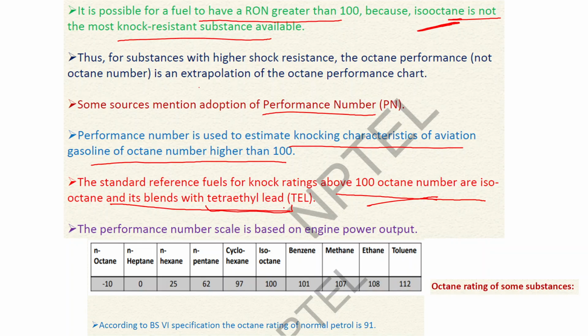Why so? Because when tetraethyl lead is present, initially it forms radicals.